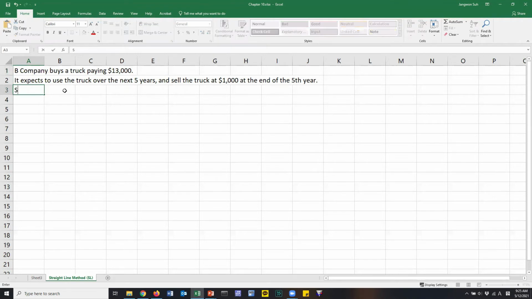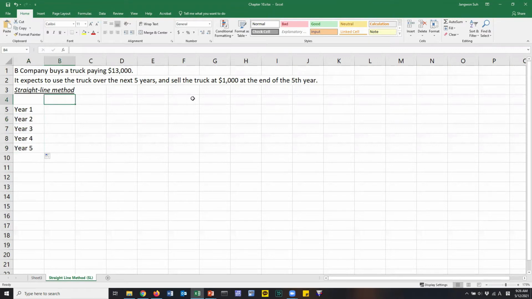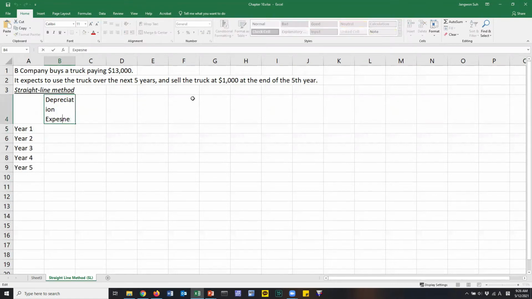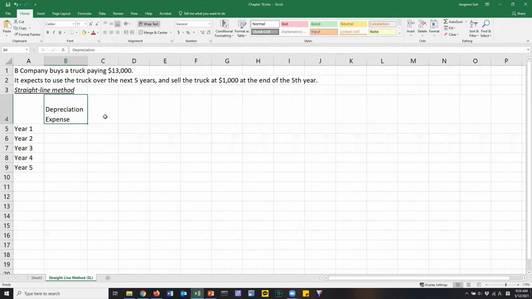That is, the straight line method states that we depreciate over the useful life. How many years? 5 years. Equal amount. Straight line. Year 1, year 2, and the like. Our depreciation expense. To change the line in Excel, press Alt, Enter.